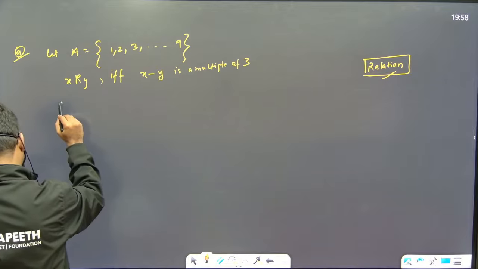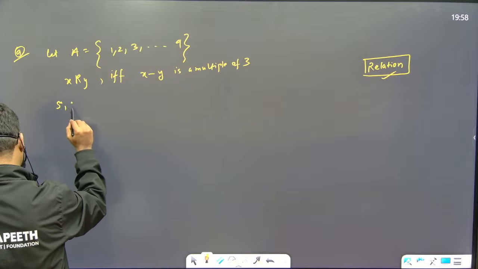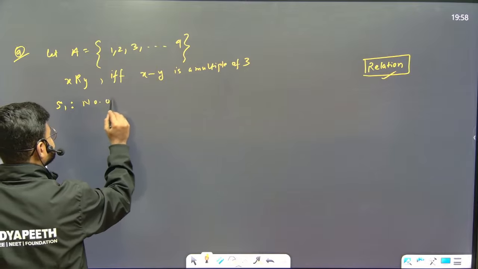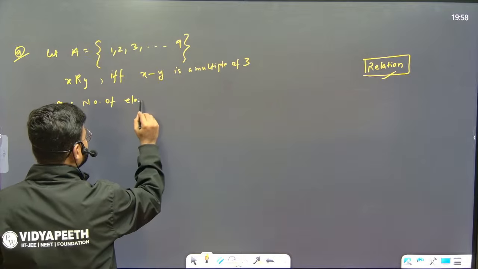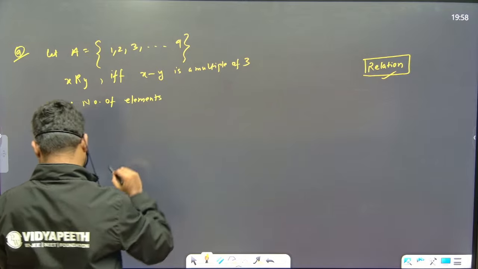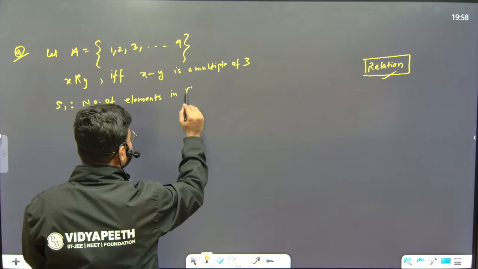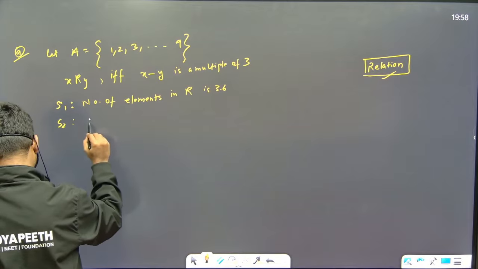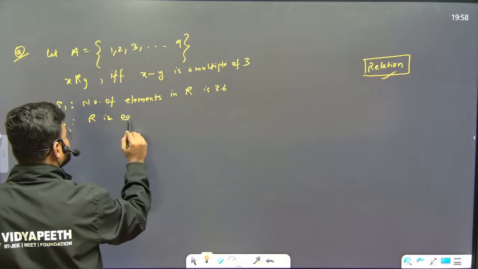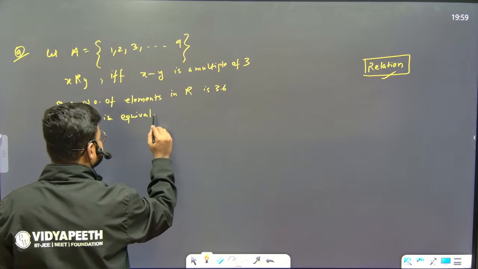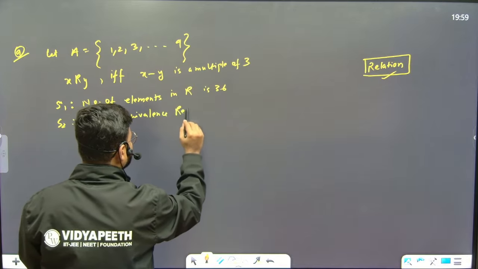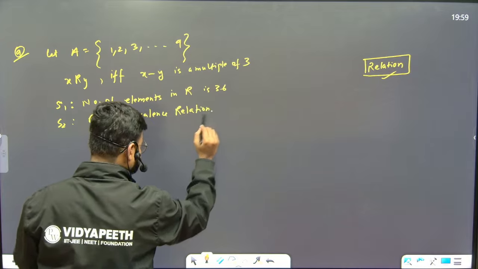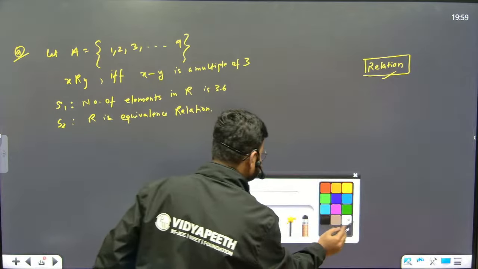Now they have given two statements. Statement 1 is: the number of elements in relation R is 36, and statement 2 is: R is an equivalence relation, right? So let's see this question.